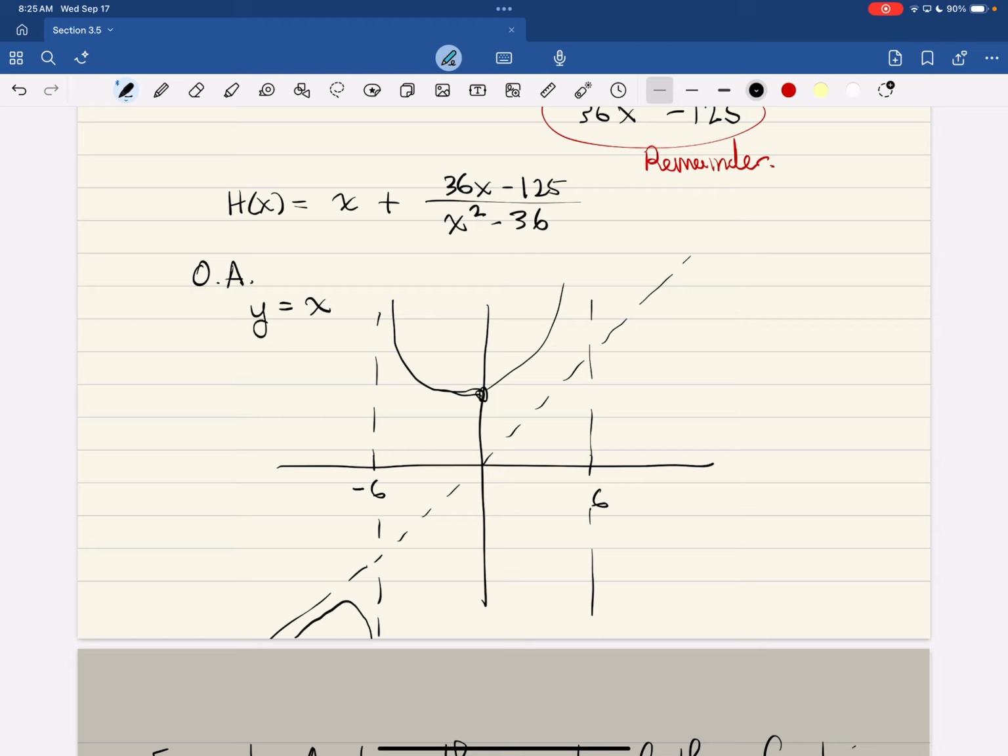What if you plug in like 6.1, for example? What's going to happen? Who's going to do that for us?